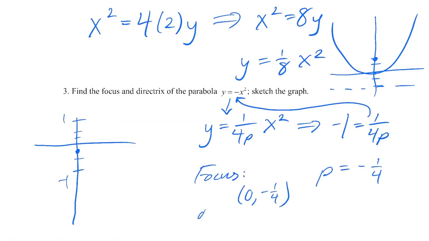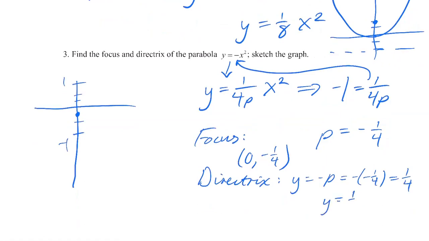My directrix is going to be y equals, we said negative p, right? So negative negative 1/4, so y equals 1/4, which is to say it's that line up there. And what that tells us is that our vertex, right, is right in between the two. And there is our parabola, roughly speaking.